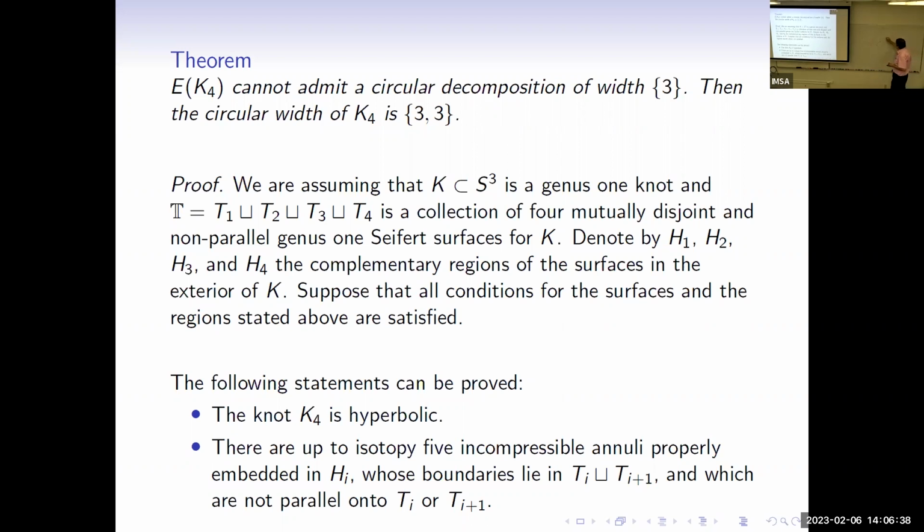And then here we have one of these pieces is a simple pair. No?